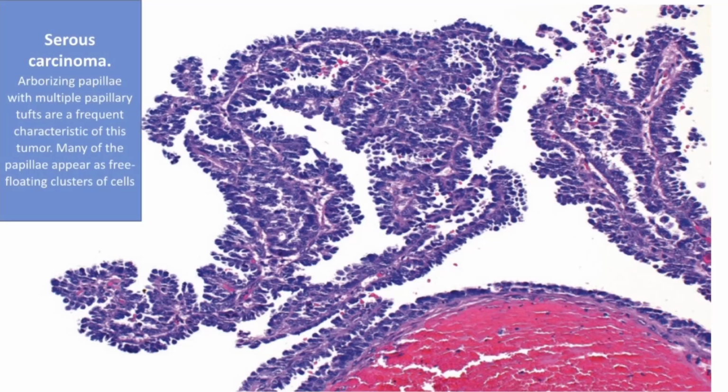So this is called arborizing papillae with multiple papillary tufts, and this tumor may have these free floating clusters of cells also.